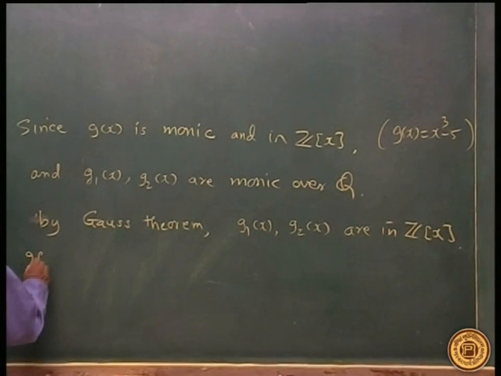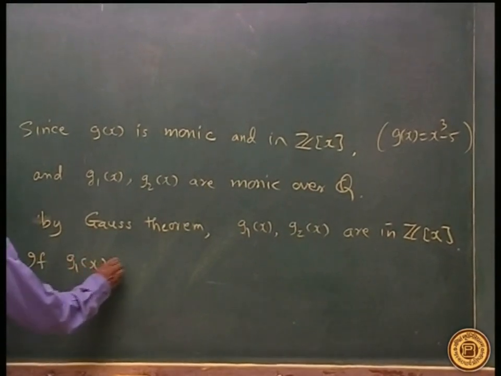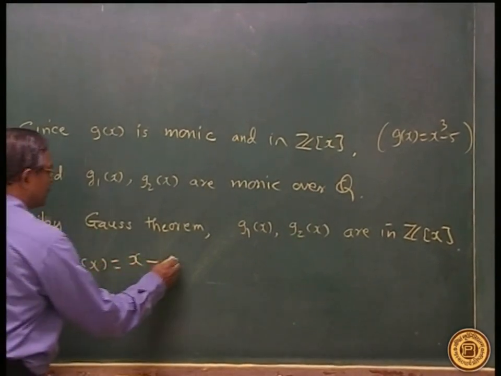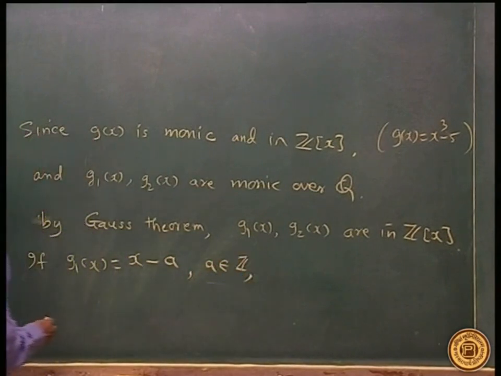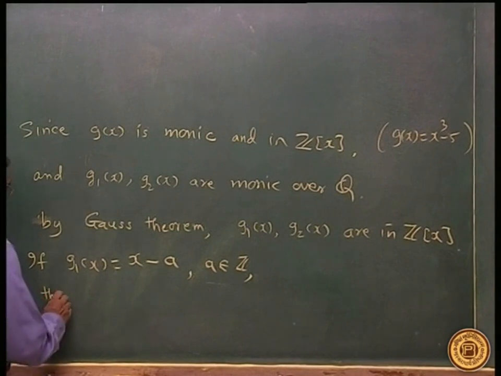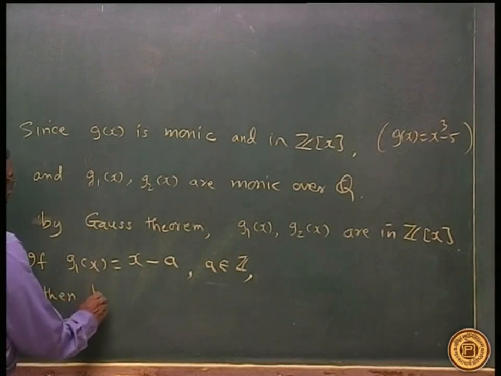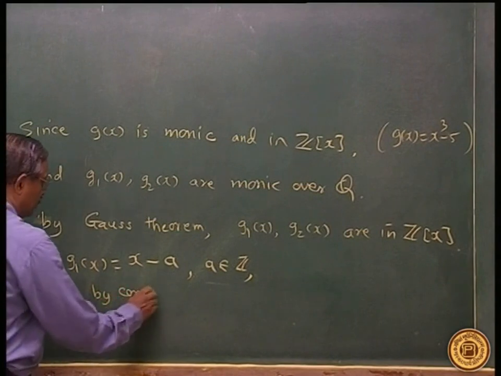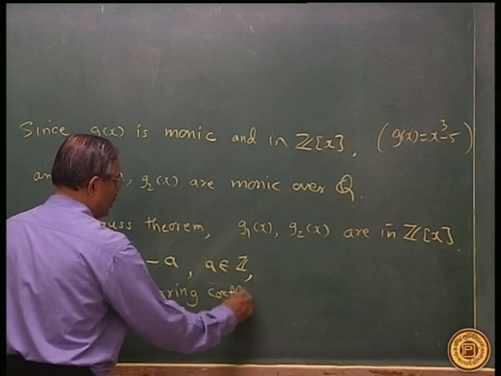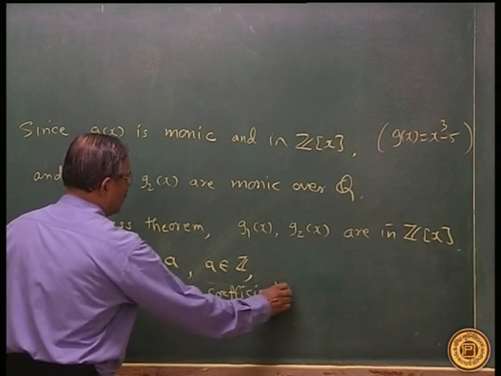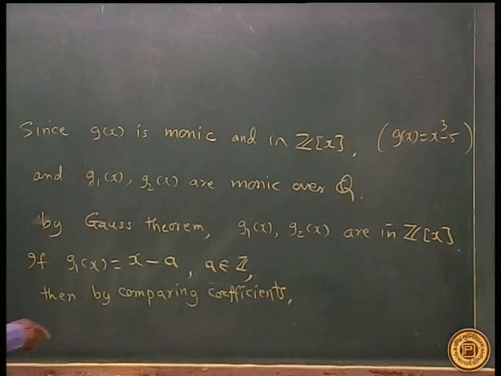If G1(x) is equal to x minus a, a in Z, then by comparing coefficients, G is equal to G1 into G2.